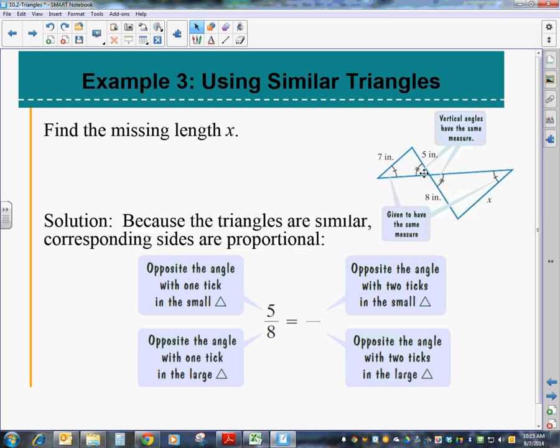Opposite two tick marks in the small triangle is a 7. And opposite two tick marks in the large is an X. So in this case our proportion has the small triangle on top and the large triangle on the bottom. You have to make sure you keep those parts organized or you will get incorrect answers.